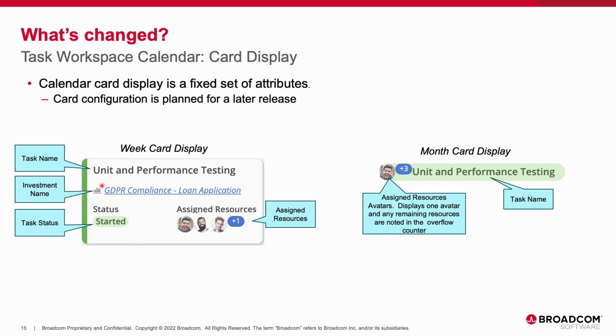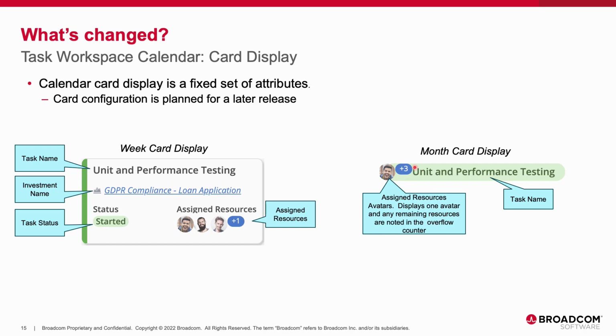This is the task status, and it also has the assigned resources widget, which shows a maximum of 3 avatars with an overflow counter if there are more than 3 resources assigned.